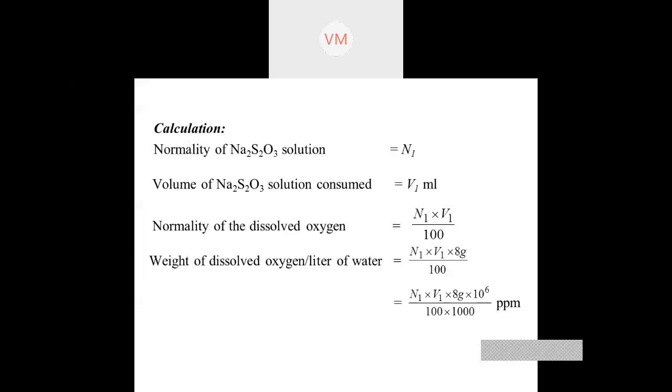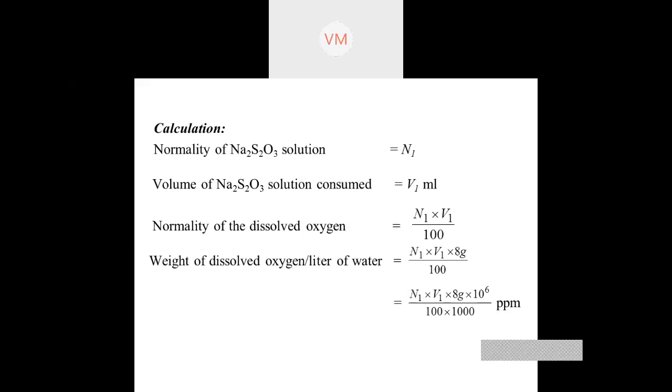And the calculation is that the normality of the sodium thiosulfate solution is known to you, N1, because you will be preparing that. The volume of the sodium thiosulfate consumed is known during the experiment, the burette reading, this is V1 ml.